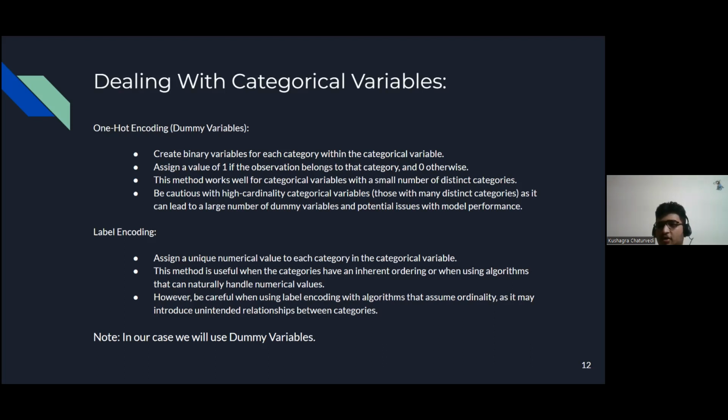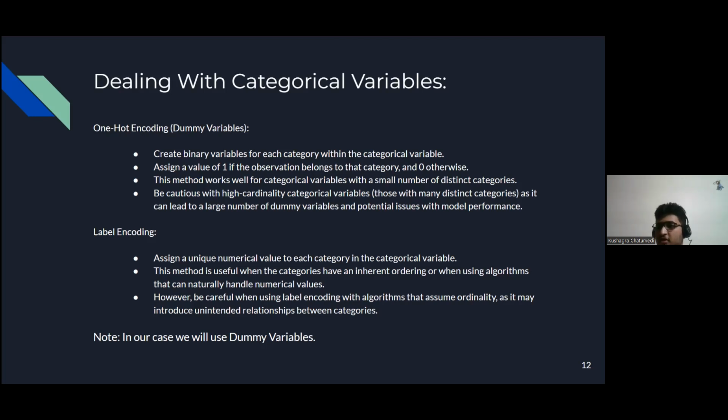So one hot encoding basically creates binary variables for each category within the categorical variable column. It assigns a value 1 if that particular observation belongs to that column, and it assigns a value 0 otherwise. This method can work well if the categorical variables have a small number of distinct categories, like in our example.